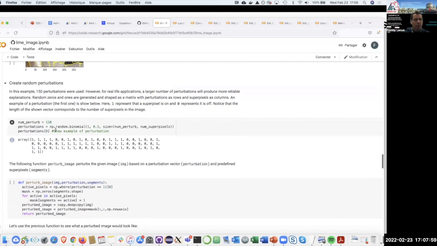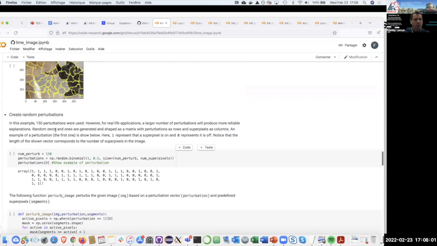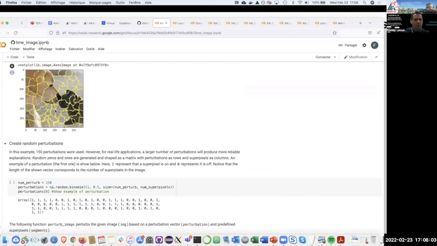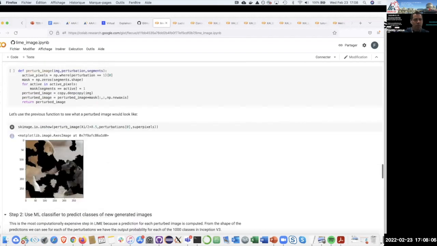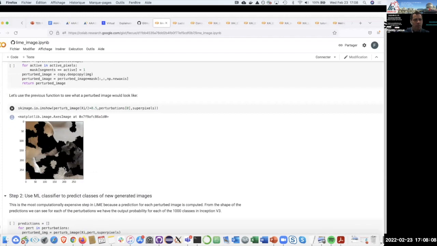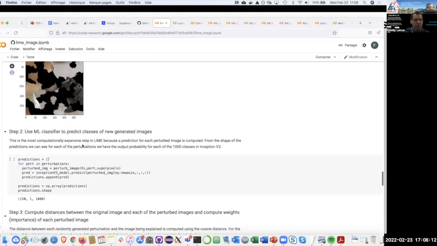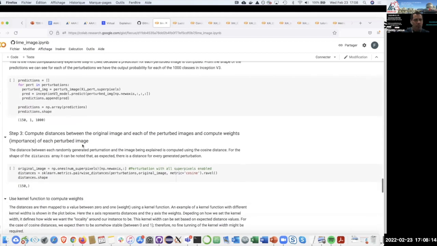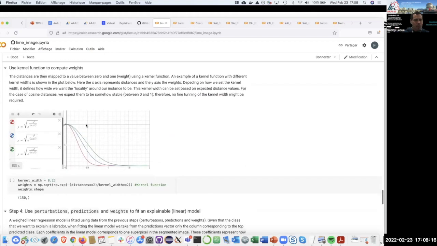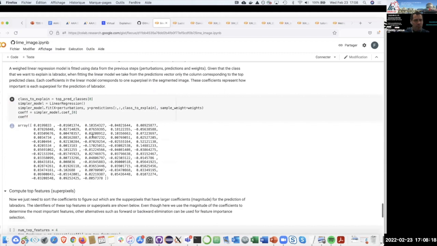There's a number of perturbations that you're doing just to see what kind of combination, removing parts, and testing it. Here is an example of the picture where you remove parts, and then you analyze the predictions. You get the different classes and the different scores.